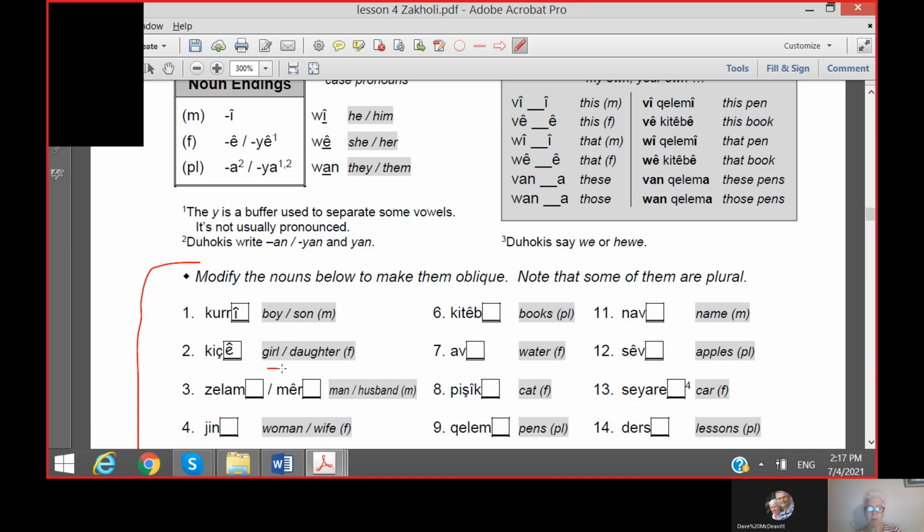Which is feminine, so you're going to put that E with a hat ending on it, which you get from this chart right here. Okay, we'll pause the video, finish this activity, check your answers in Appendix S, and then we'll go on.